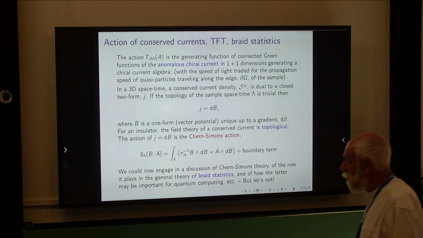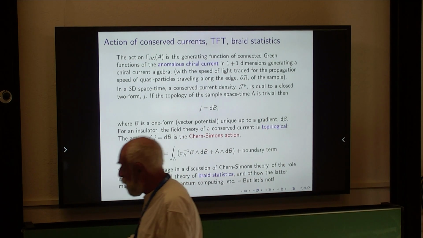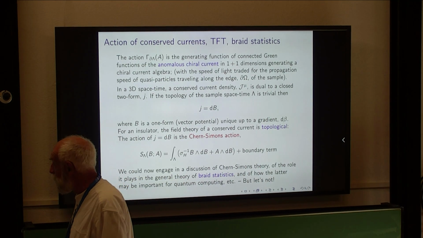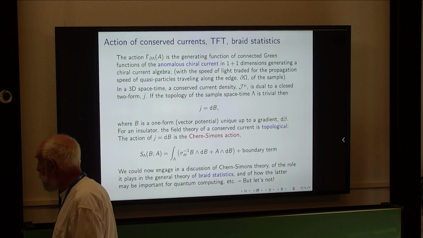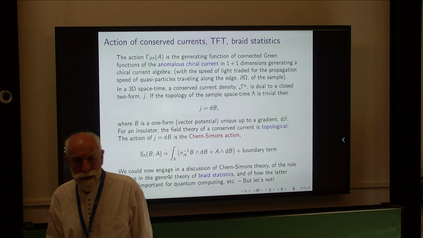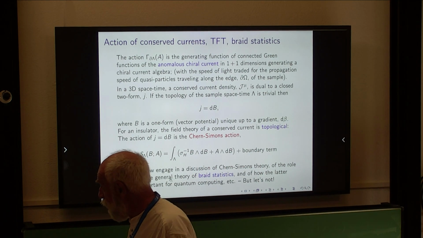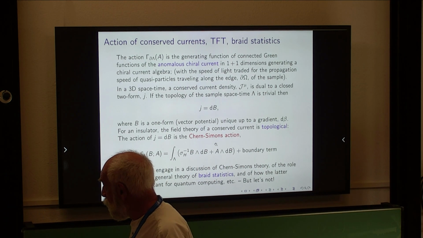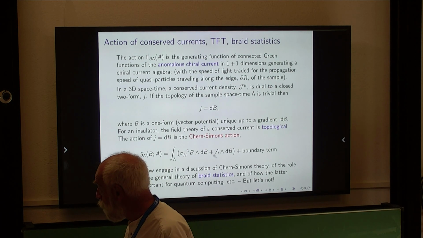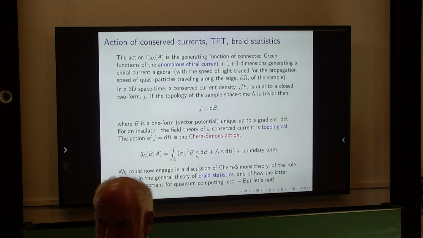Again, you organize it according to scaling dimensions. The most relevant term in this action functional is the Chern-Simons term in B. Then, of course, you have to couple the current to the external electromagnetic vector potential, and that's given by this term, A dB.